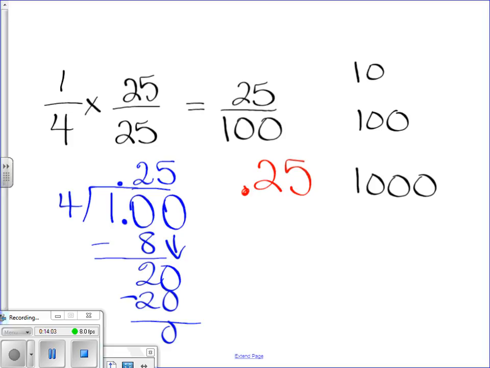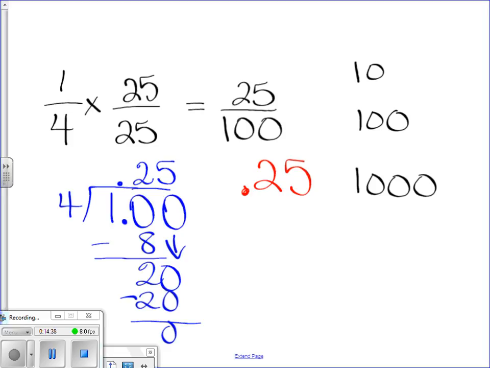So it'll either continue until you have no remainder, or it just continues on forever. You just keep adding zeros until you finish. But when you're doing decimals, you don't have a remainder.